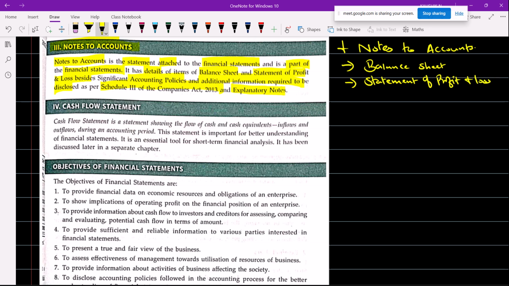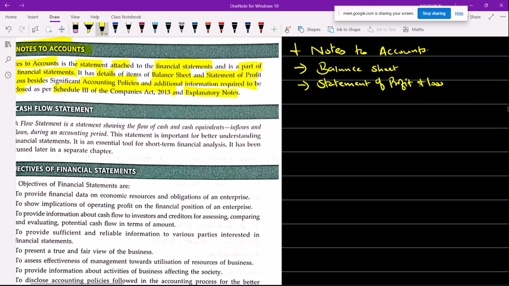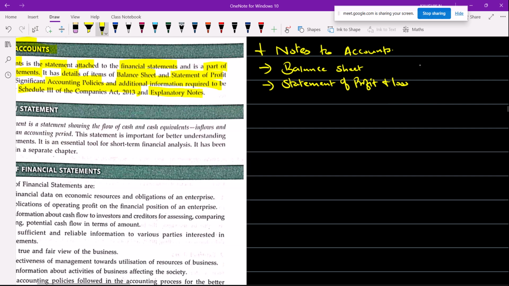That is the reason we say in simple terms it is a part of your financial statements, because these two are financial statements. So your notes to account is a part of your financial statements.